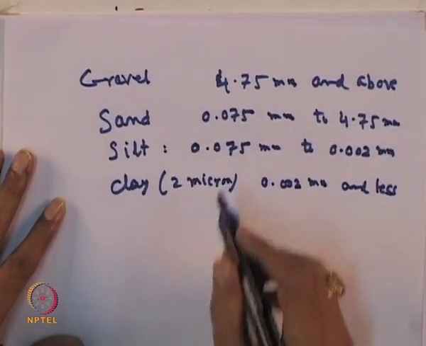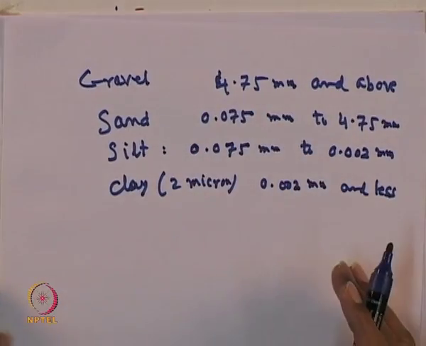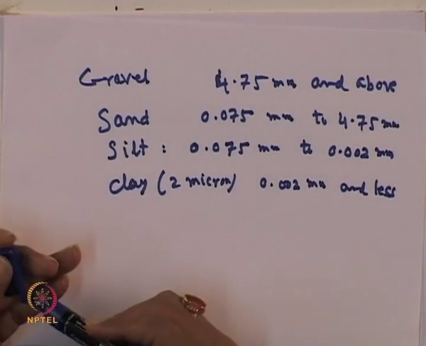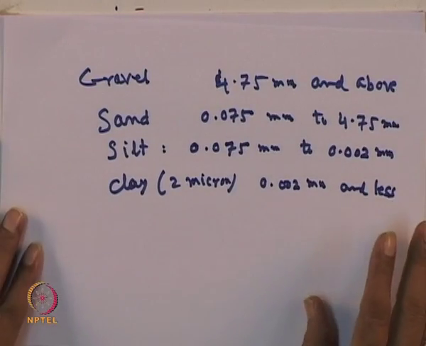So, these are the classifications as per IS code specification. So, you can determine the percentage of gravel, sand, silt and clay from this gradation curve. Thank you.